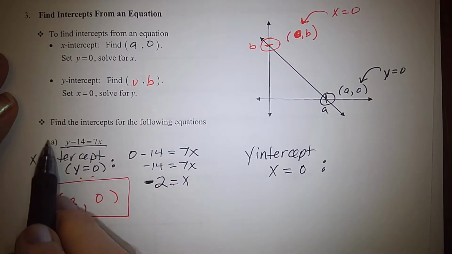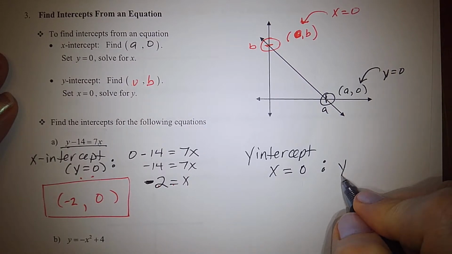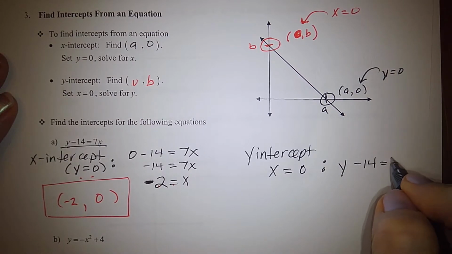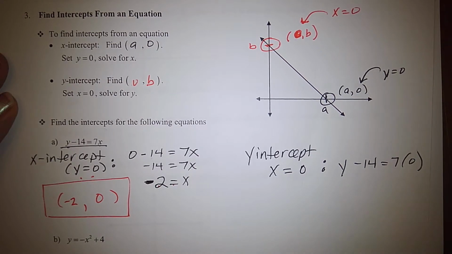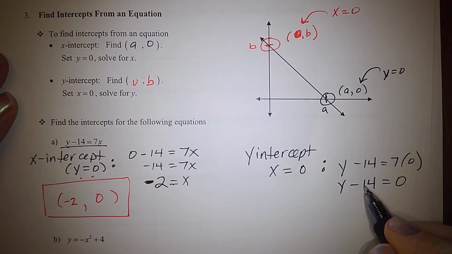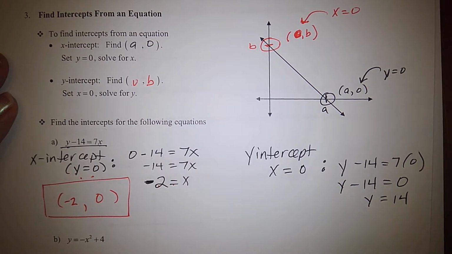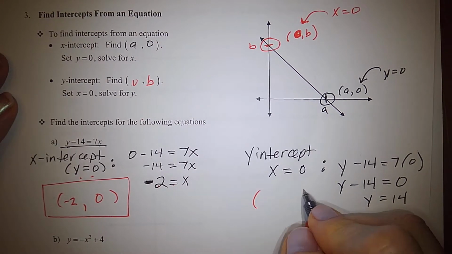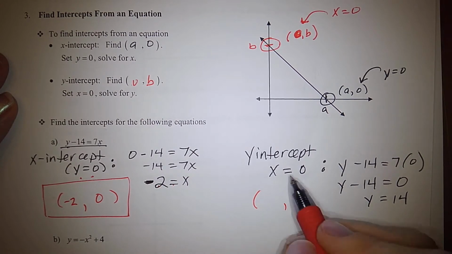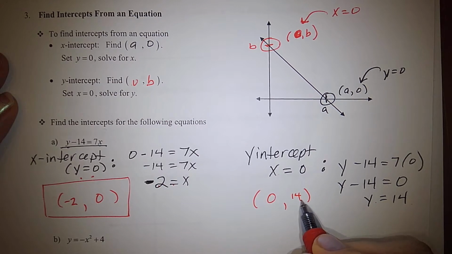So up here in the original, we're going to set x equal to 0. That gives me y minus 14 equals 7 times 0. So y minus 14 equals 0, and when I add 14 to both sides, I get y equals 14. So that means the coordinates of my y-intercept are x is 0 and y is 14.